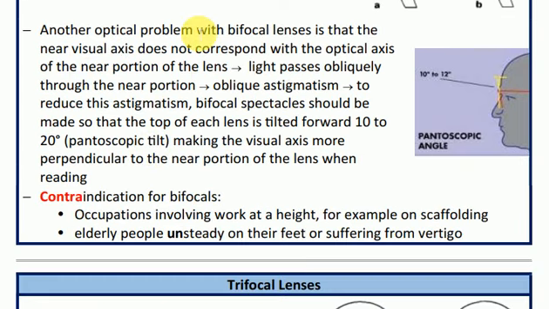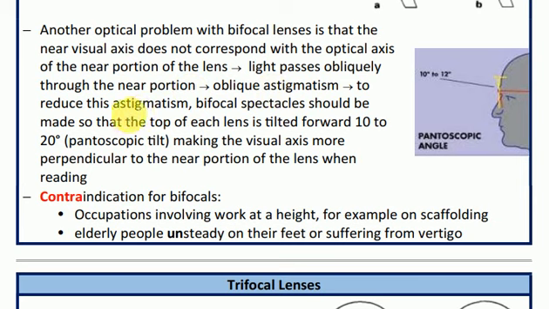Another optical problem with bifocal lenses is that the near visual axis does not correspond with the optical axis of the near portion of the lens. So light passes obliquely through the near portion, which causes oblique astigmatism.